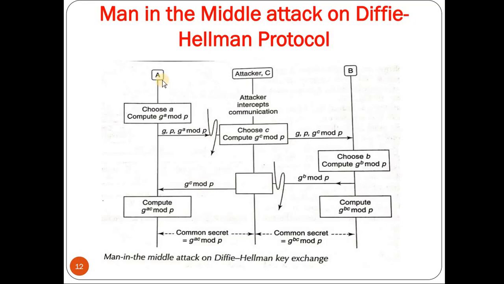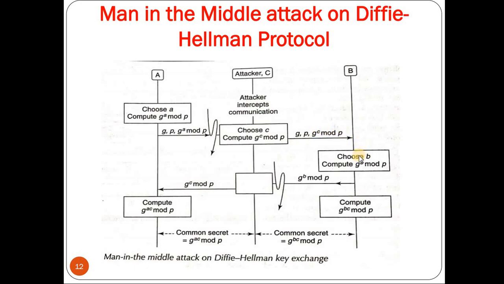Initially A will choose a random number A and computes G to the power A mod P. In the message he will send the public parameters G, P and also the computed value G to the power A mod P. Now this message is intercepted by the attacker, that is C, and since he receives G, P sent in the clear text format, he will choose a random number C and computes G to the power C mod P. Now he will send the message to B. It contains G, P and the computed value G to the power C mod P.